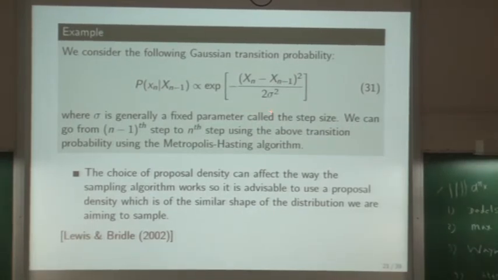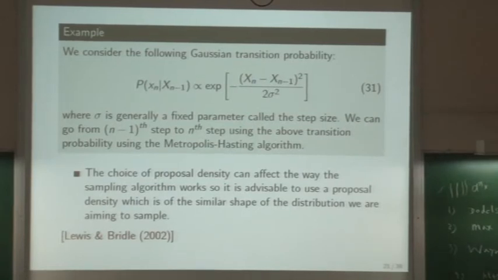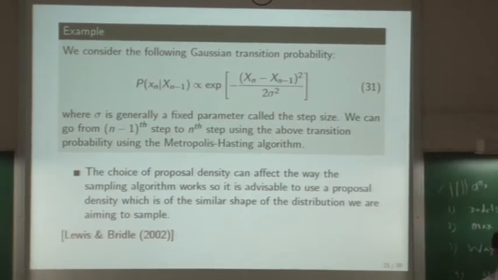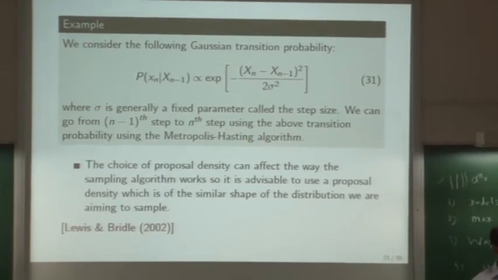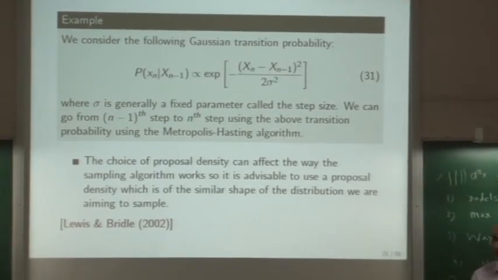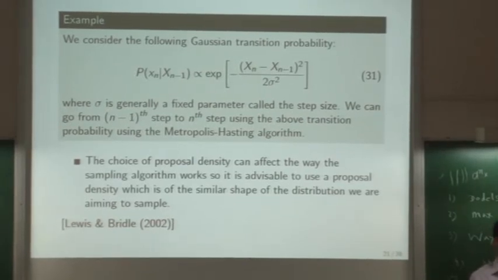You don't want to take it too small, otherwise you will not sample the entire space. You will just get stuck somewhere. And you don't want to take a very large value of sigma, otherwise you will miss many things in between.